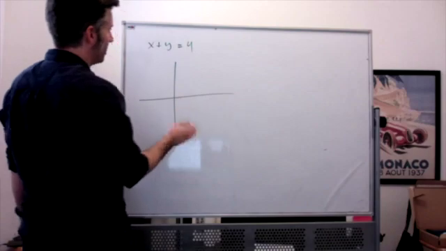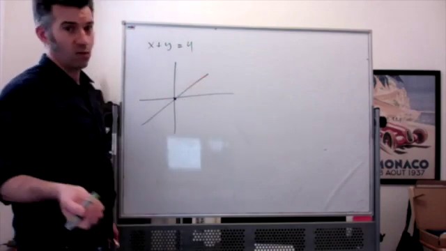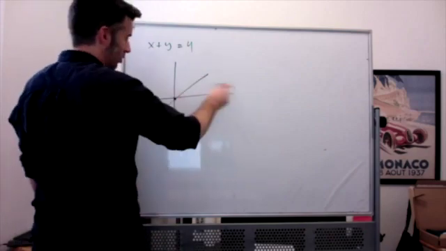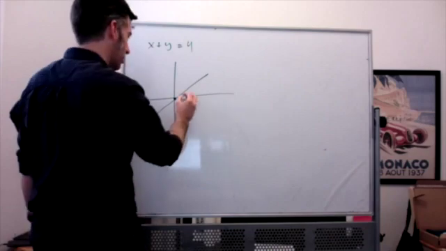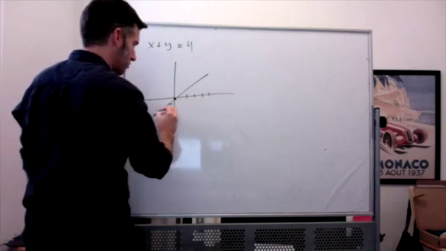Essentially you're drawing a line in one of the planes. I don't have a z, so I'm going to look in the plane z equals 0. So here's the line.